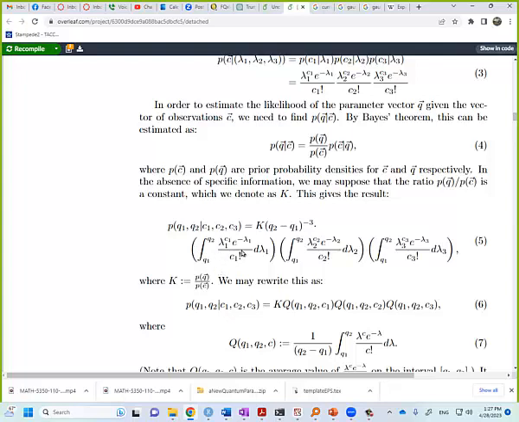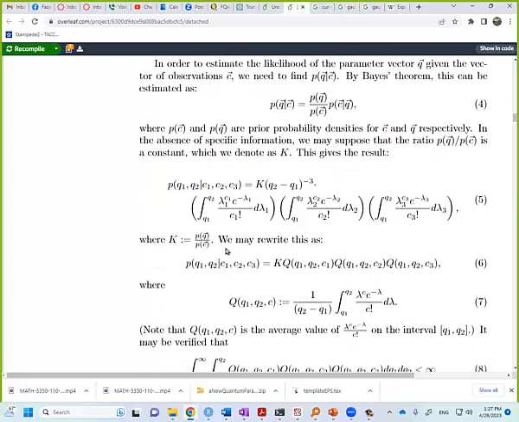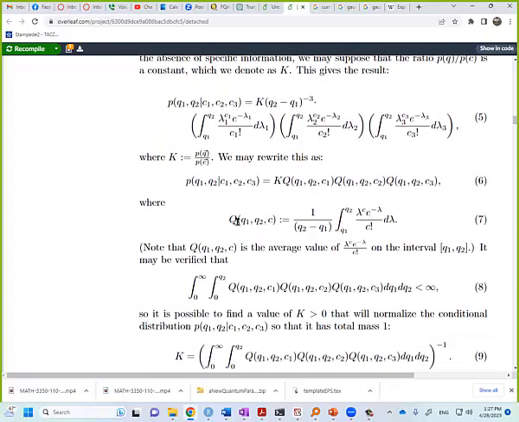Here I'm integrating over lambda because I don't know lambda, and lambda depends on Q1 and Q2. That's where all these integrals come from. So I write this probability as a product of 3 terms, and each term looks like this.